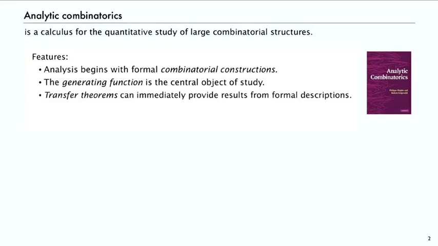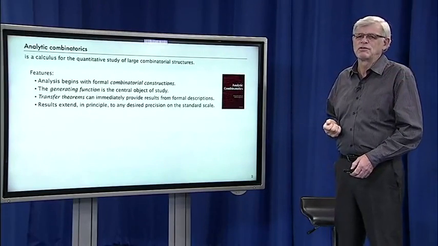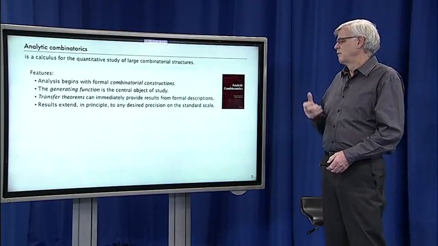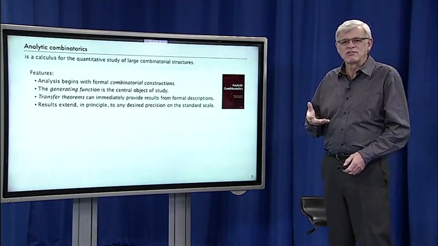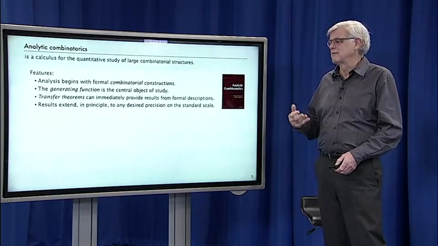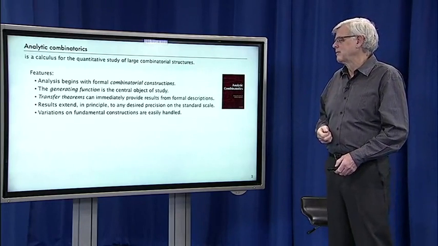Number one, because we have transfer theorems that can immediately give us generating function equations from the combinatorial constructions. And number two, because we can take transfer theorems to give us estimates of the values of things right from the generating function. As I mentioned last time, our asymptotic results are going to extend in principle to any desired precision on the standard scale.